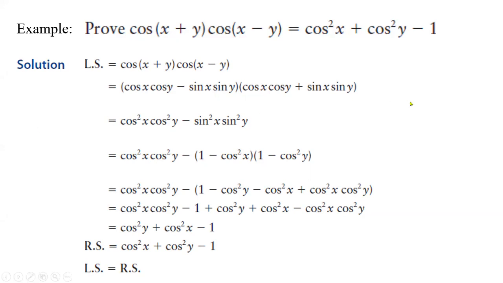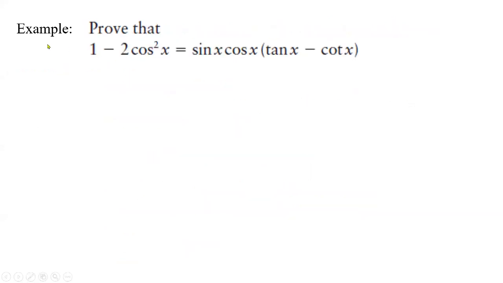All right, so let's have a look at the next example. Prove that 1 minus twice of cosine x squared equals sine x cosine x times tangent x minus cotangent x. Okay, I'll give you 2 minutes to think about this question.